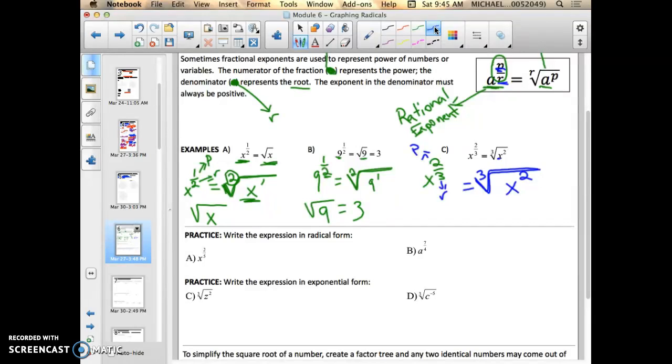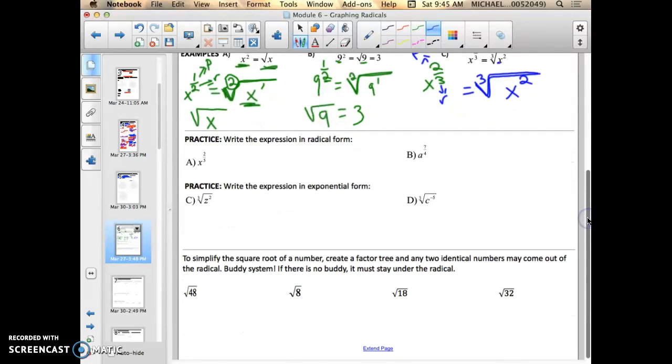All right? So let's practice this a little bit more. So I'm going to do A, and I'm going to ask you to do B, just to check your understanding. So again, if I was going to look at A, I would first identify the power and the root. I'm going to rewrite this a little bit bigger. X to the 2/5. The power is 2. I know that because the power goes above. The root is 5. I know that because the root goes below. So if I'm going to switch this, and again the directions say write the expression in radical form.